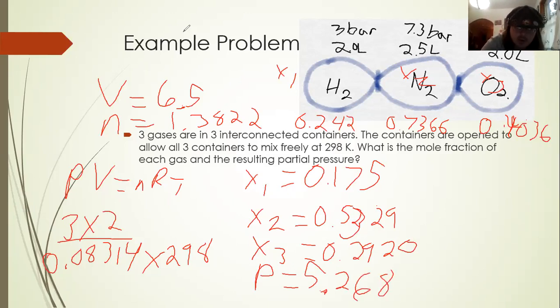So to get our partial pressures, we are going to multiply 5.268 by our mole fractions. So 5.268 times 175. The pressure of hydrogen has dropped down to 0.922.